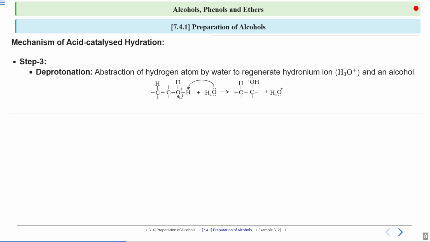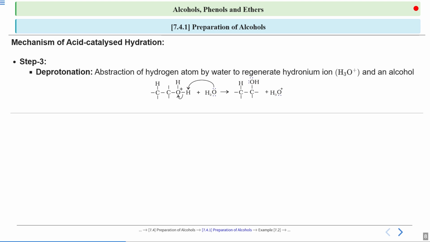by the donation of its oxygen lone pairs, and one of the hydrogens is removed from the protonated carbocation, and the oxygen-hydrogen bond electrons shift over to the oxygen to stabilize its positive charge. You will finally get the hydronium ion along with the major product, the alcohol.